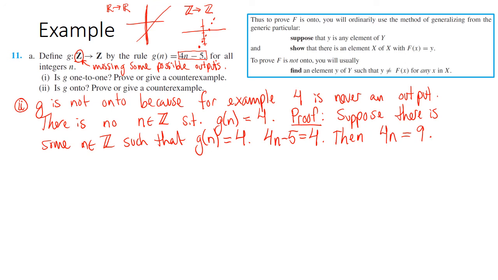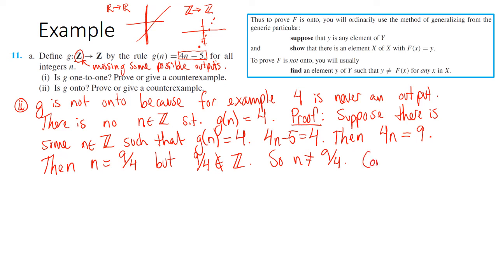And then I could divide both sides by 4 to get n equals 9 over 4. But 9 over 4 is not an integer. Okay, 9 over 4 is not an integer, so n cannot equal 9 over 4 because n was supposed to be an integer. So this is a contradiction.